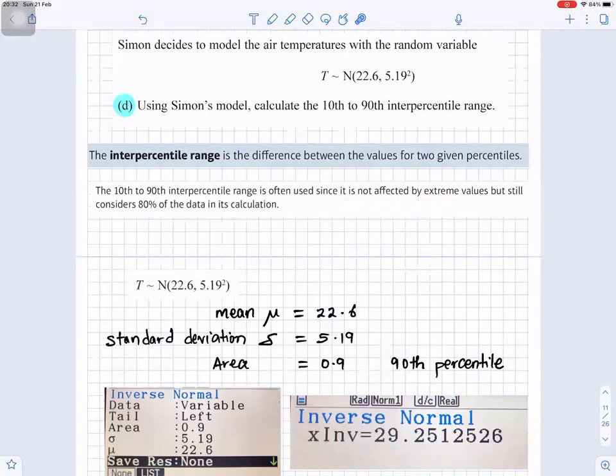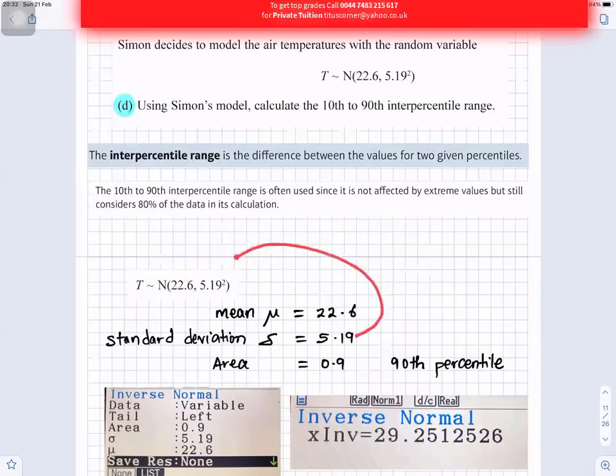So looking at this as a normal distribution, the mean is 22.6. Standard deviation is 5.19. If we start with the 90th, we use 0.9 for the percentile, and we'll do it in the calculator.